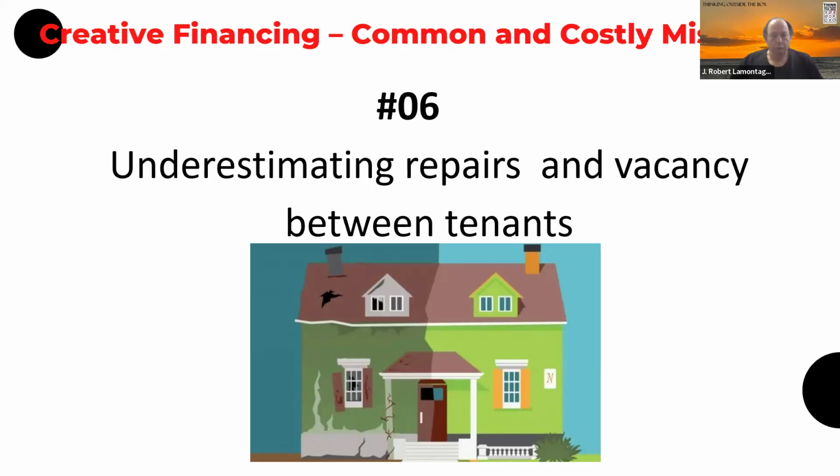Typically, you lose 1 month's rent for vacancy between tenants. If you're in a 1-bedroom apartment in a working class area, you tend to have turnover about once a year. Well, 1 vacant unit month per year is already an 8% vacancy rate. It's very important to properly account for vacancy between tenants.